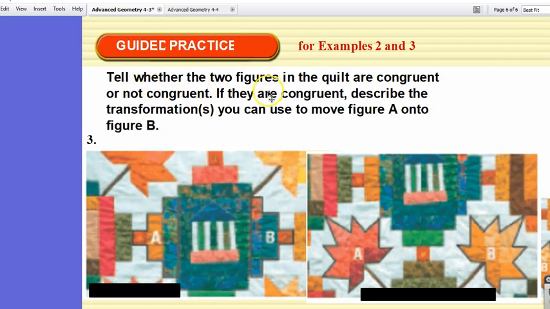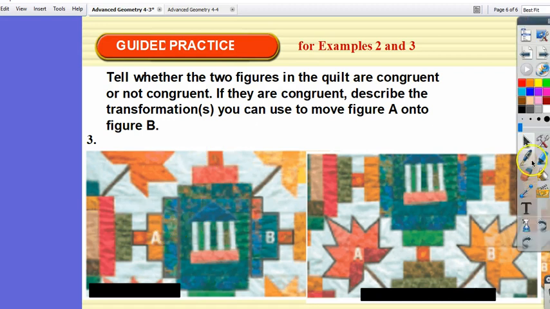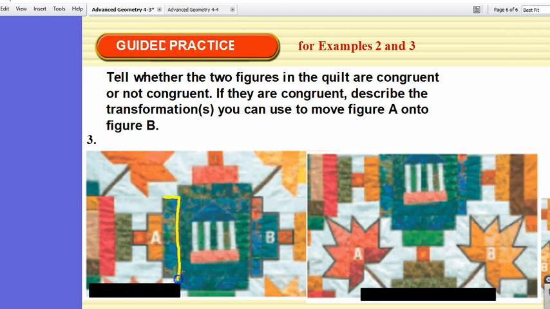Tell whether the two figures in the quilt are congruent or not congruent. If they are congruent, describe the transformations that you could use to move figure A onto figure B. So let me just highlight what we're talking about. So here's figure A. Here's figure B. What do you guys think?